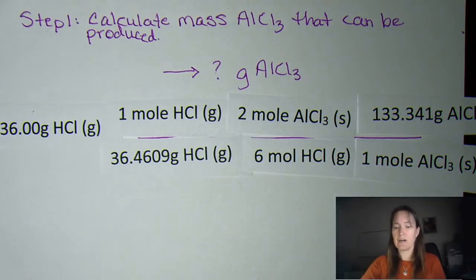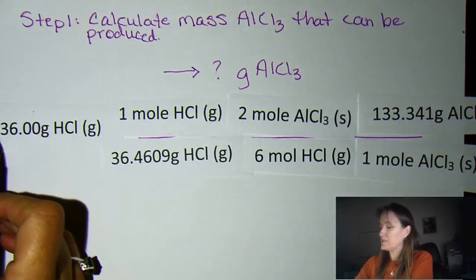If you use a calculator to do the math, it will be 36 grams times 2 moles of AlCl3 times 133.341, which is the molar mass of aluminum chloride. Then you're going to divide by the molar mass of HCl, and you're going to divide by the 6 moles of HCl.